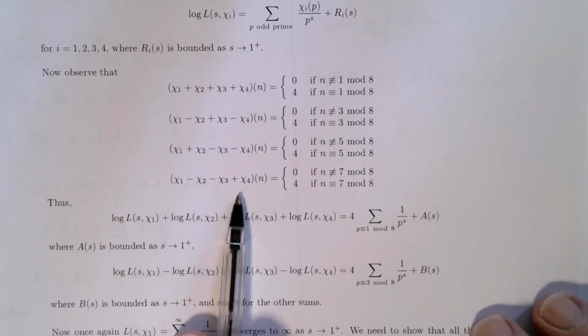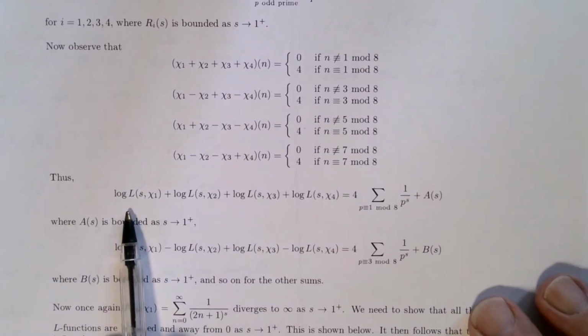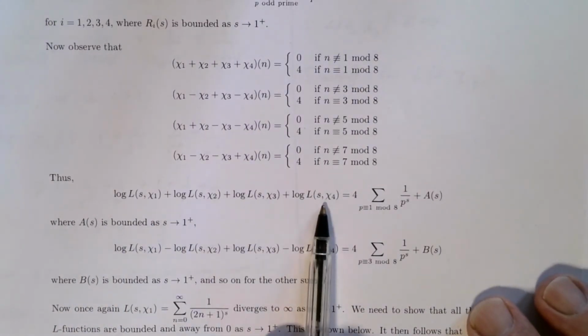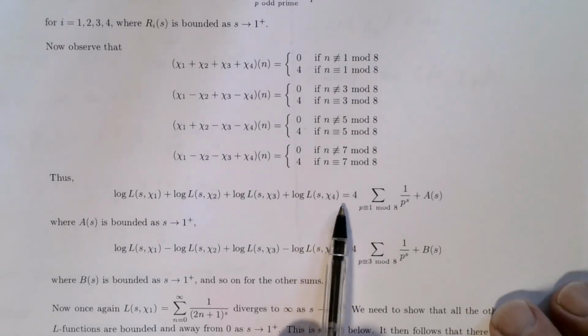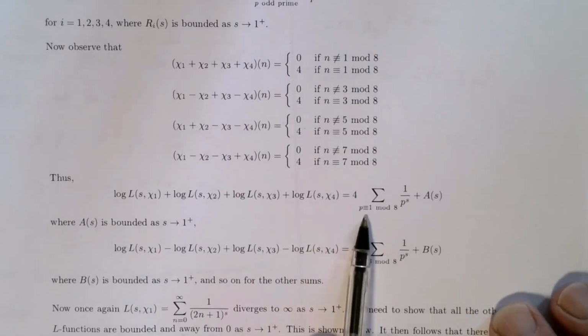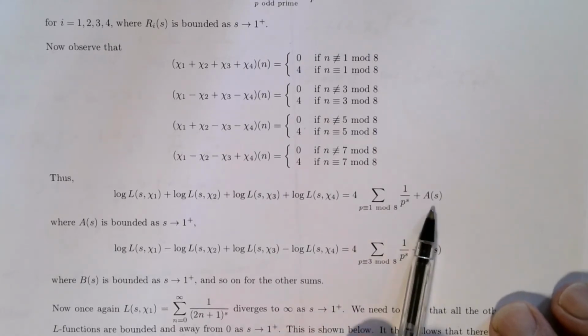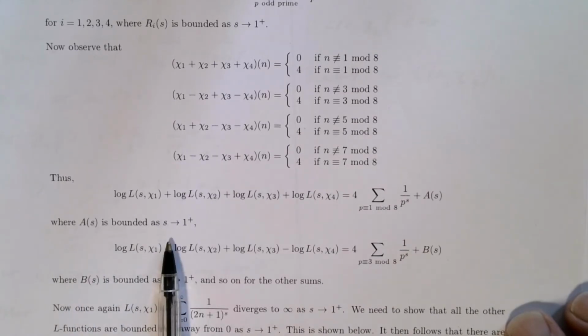So if I add together then the logs of the L functions, I get, as we saw before, 4 times the sum over p congruent to 1 mod 8 of 1 on p to the s, plus some remainder term, and that remainder is bounded as s goes to 1, because it's just simply the sum.